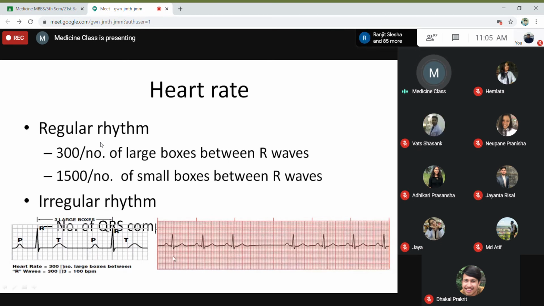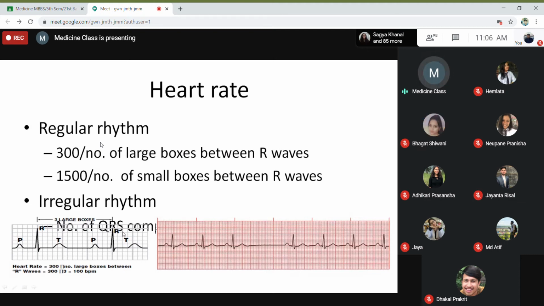So in 6 seconds, count the number of R waves: 1, 2, 3, 4, 5, 6, 7. So in 60 seconds, what will be the number of R waves? It will be times 10, so 70. So the heart rate in this one is 70. You can do it in 10 seconds also, then you multiply that by 6.